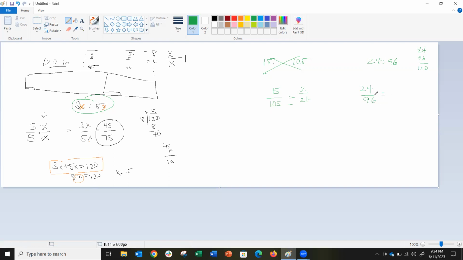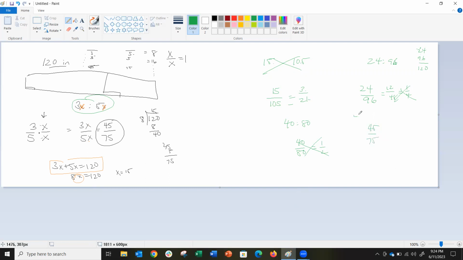Well, 24 and 96, I see they're even, so I'm at least going to say, okay, well, 12 goes into both, which reduces to 2 and 8. 12 goes into 12 one time and 48 4 times. That's not 3 to 5. So then option C said 40 to 80. That adds up to 120, but that fraction reduces to 1/2. That wasn't 3/5.